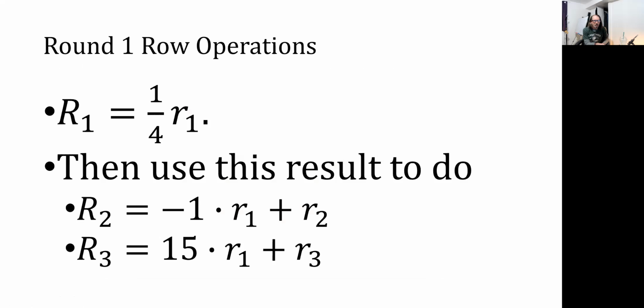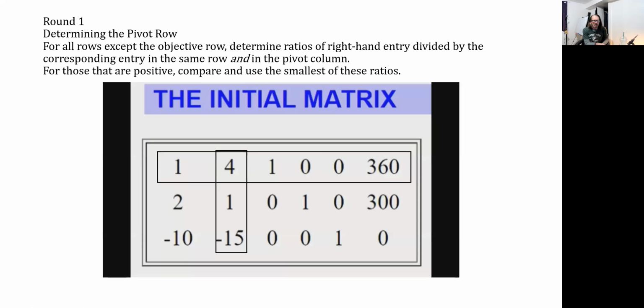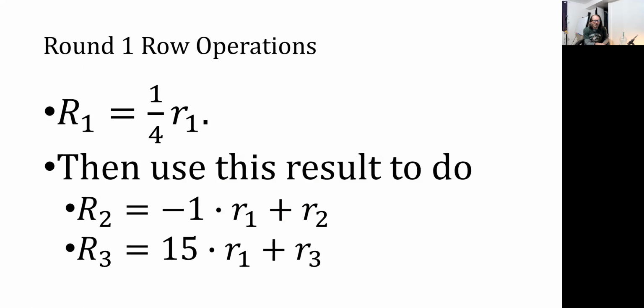So I'm going to multiply everything in row 1 by 1/4, so that not only do I have a 1, but I'm multiplying everything else by 1/4 as well. Once I have that, I would add -1 times 1 plus 1 would equal 0 here. But again, I have to do that to the whole row.